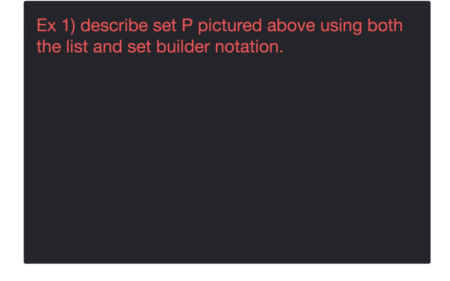Let's take a look at an example so you can see what a set builder notation actually looks like. Example 1. Describe set P pictured above using both list and set builder notation. Remember, when learning a new lesson, make sure you have your book open to the page of that lesson. 1.1 is on page 2 in your book.